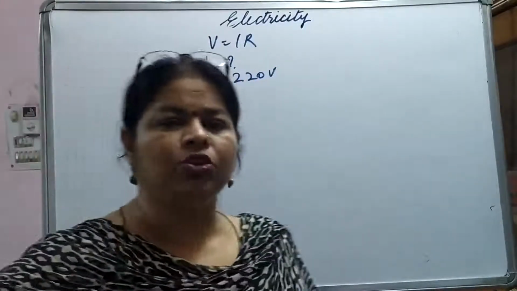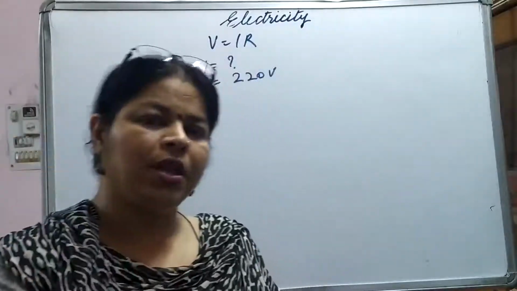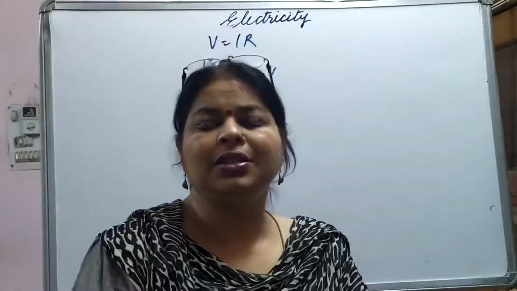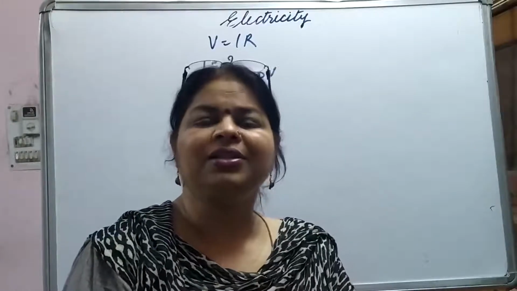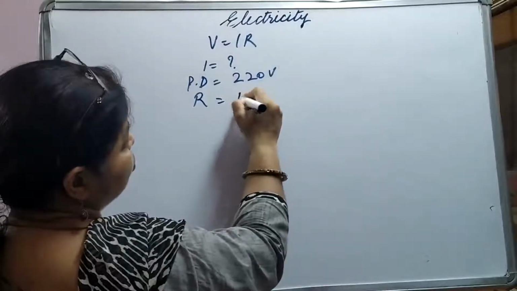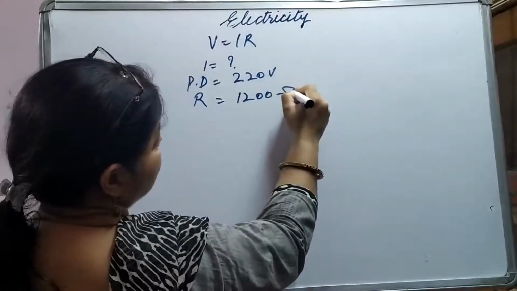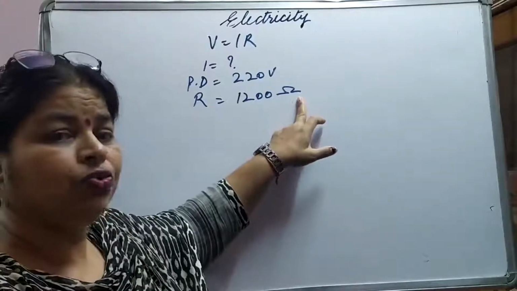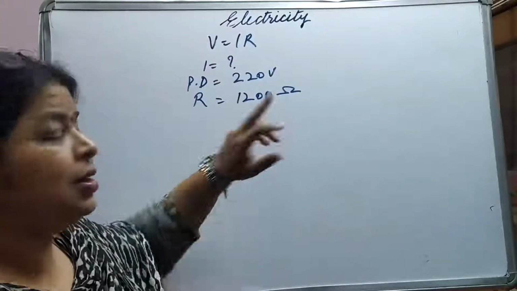According to the statement, you keep on revising and noting down the data. Now, if the resistance of the bulb filament is 1200 ohm, resistance R is equal to 1200 ohm. Ohm is the symbol that is used for the unit of resistance.